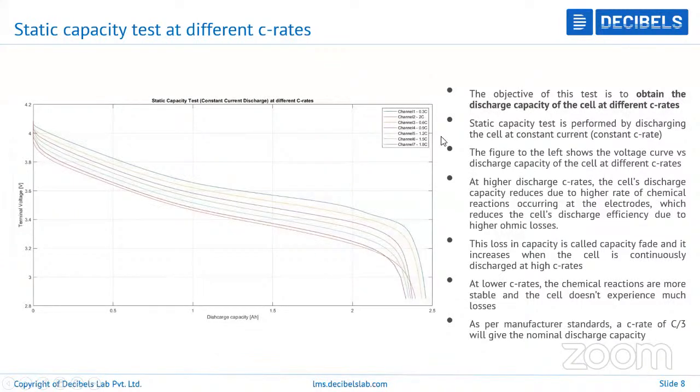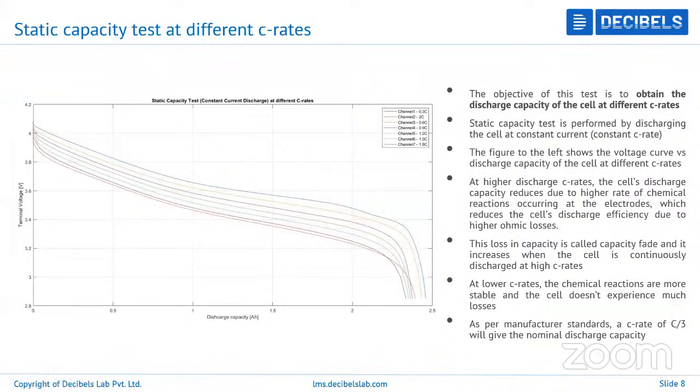These are the different C rates at which this particular cell has been tested, and a static capacity test has been performed. You can see here that there is a significant difference between each of the voltage curves at each C rate.